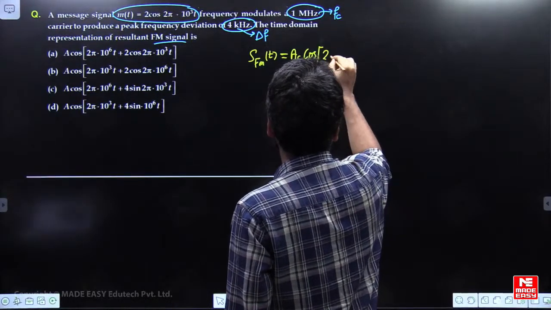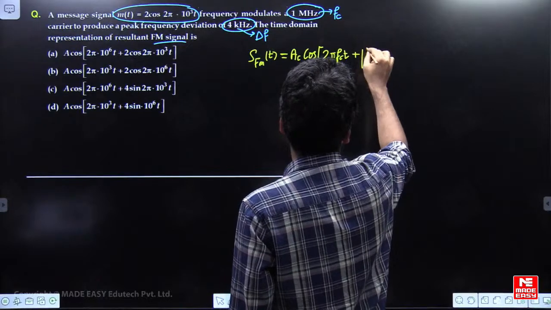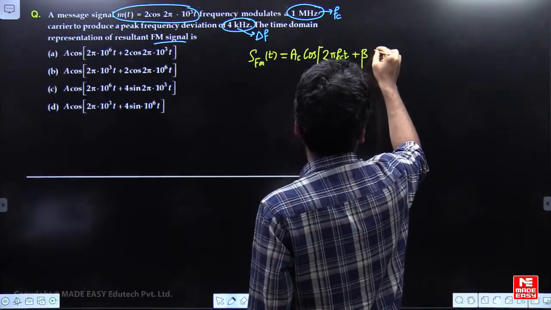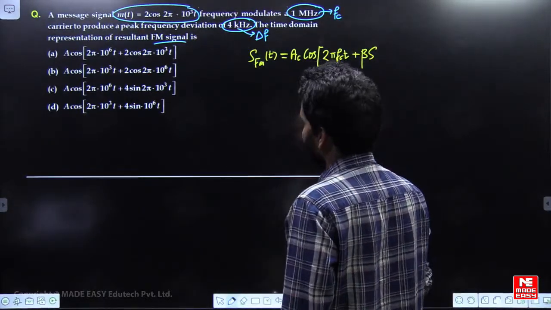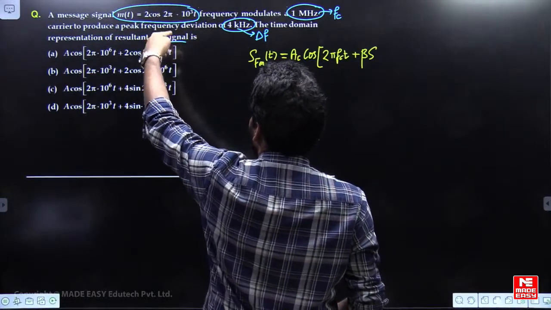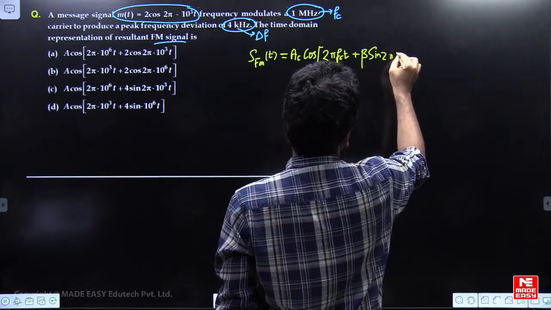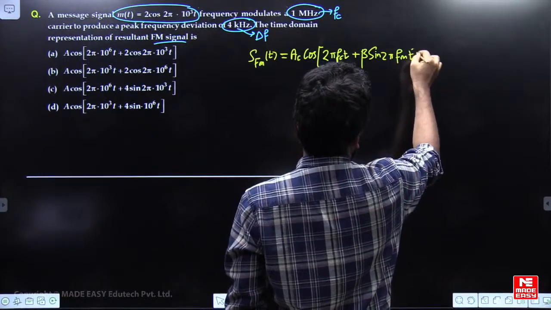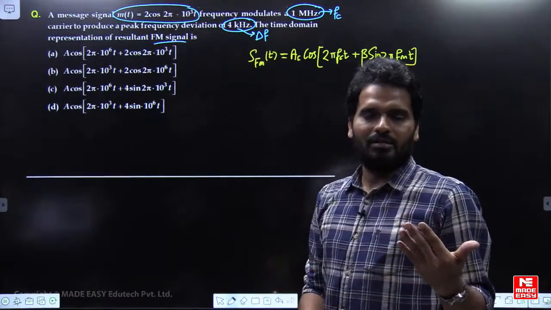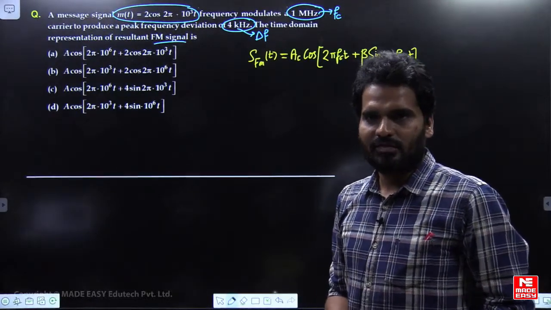Okay, Ac cos 2 pi fc t plus beta. Tell me, is it beta sine 2 pi fm t or cos 2 pi fm t? Here message signal is cos, so in the single tone FM expression we get sine only, beta sine 2 pi fm t. Because if you recall the general expression of FM signal, what is it?